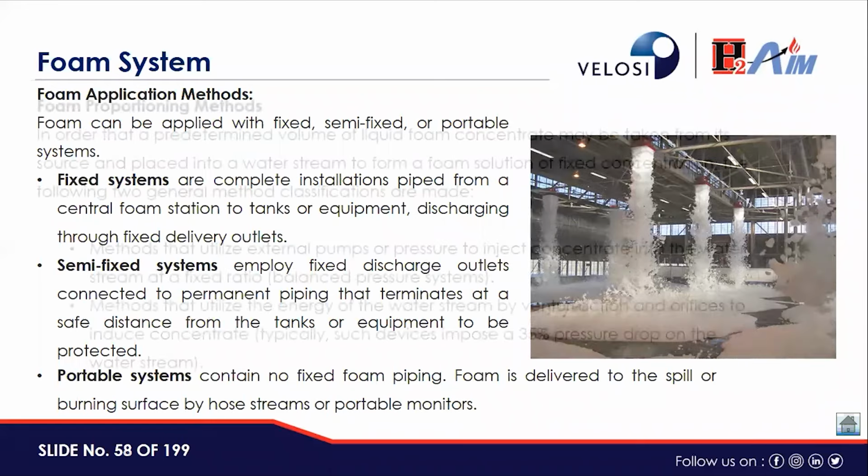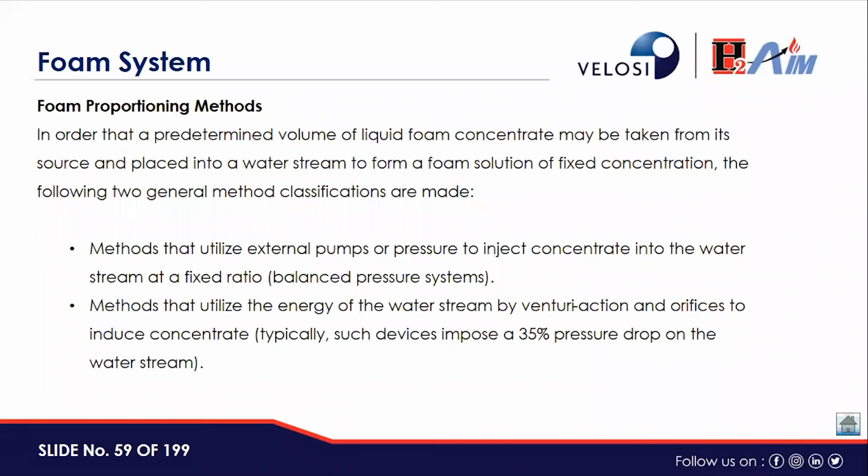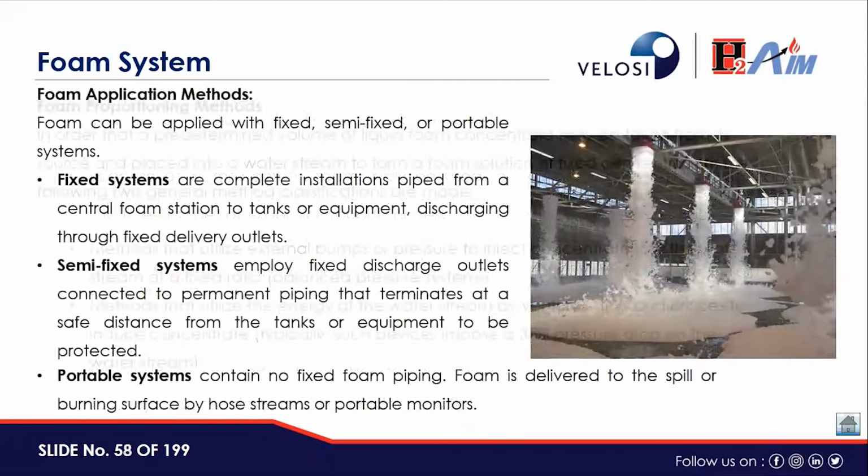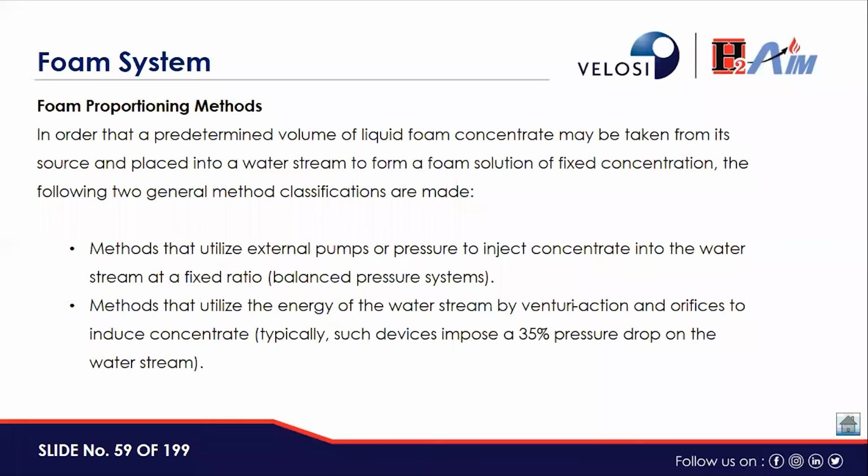So how can we proportion the foam? For example, we require low expansion foam, medium expansion foam, or high expansion foam. In order that a predetermined volume of liquid foam concentrate may be taken from its source and placed into a water stream to form a foam solution of fixed concentration, the following two general method classifications are made.